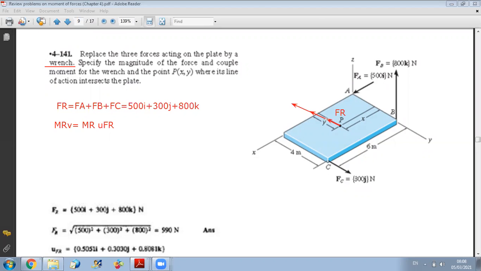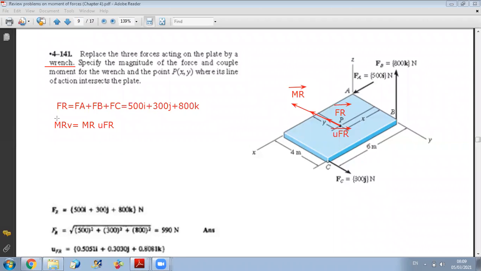Okay? Once you know the unit vector of Fr, since you are reducing to a wrench, this means that your resulting moment, which is reduced at P, should be collinear with Fr. What does that mean? That the unit vector of the moment vector is the same as Fr or just the opposite one. Okay, so you can write that the resulting moment vector MR has a common line of action with F. So I can write it as the following.